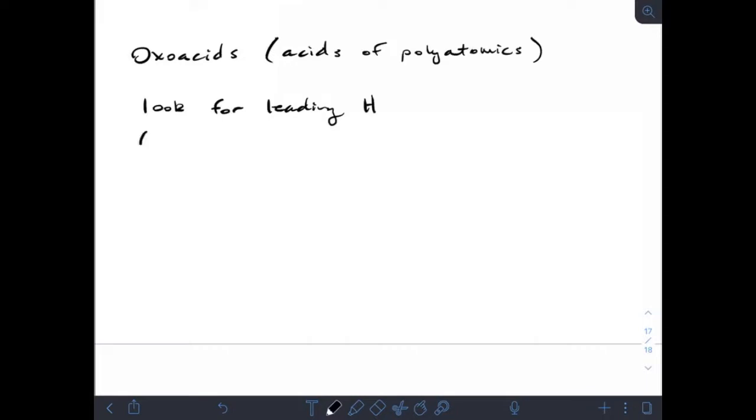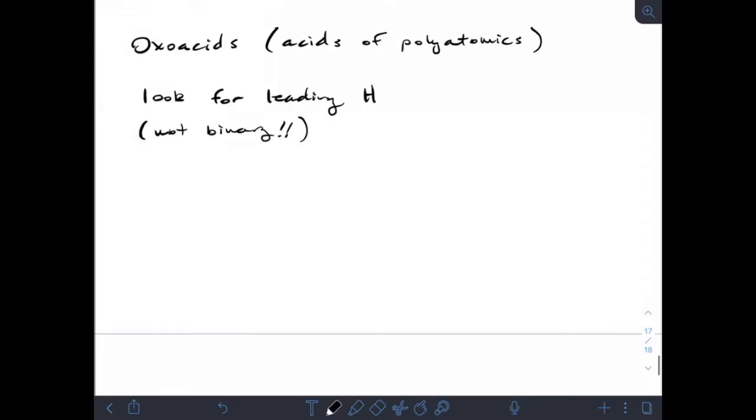But in this case, not binary. In this case, you will have more than two elements in the compound. Remember, binary compounds, two elements only. Oxo acids, or acids of polyatomics, will have more than two elements in that compound, so it won't follow the same binary rules.